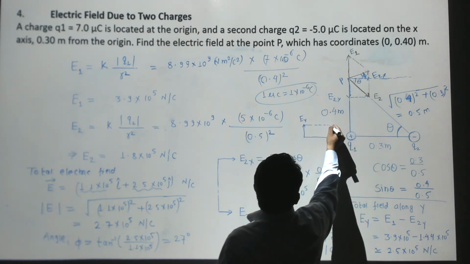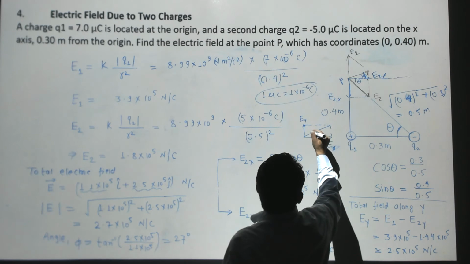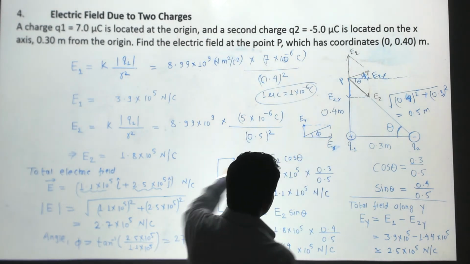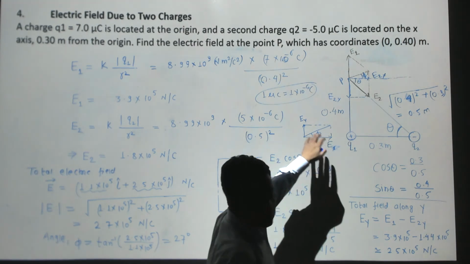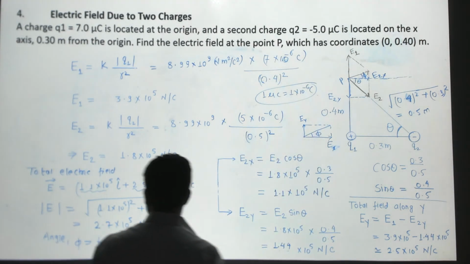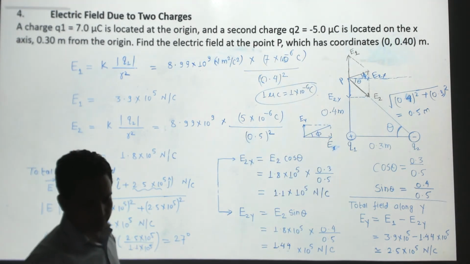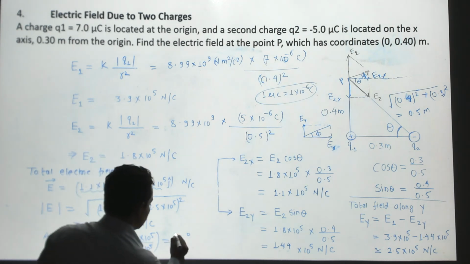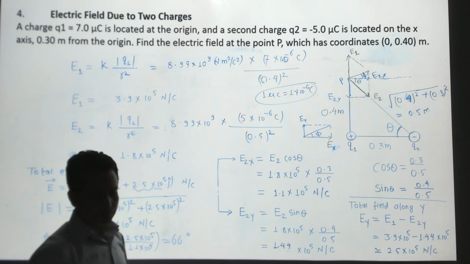If you draw a parallelogram, this angle is phi. Remember this is the total electric field, and this is the total electric field along the y direction. So this angle is 27 degrees. Oh no, my bad. This angle is 66 degrees.